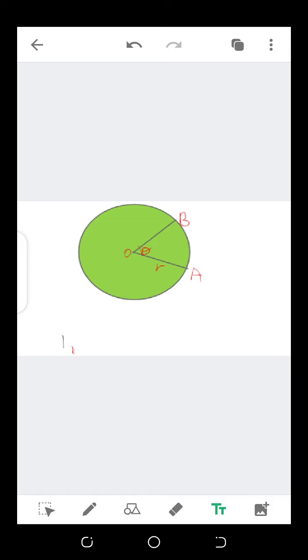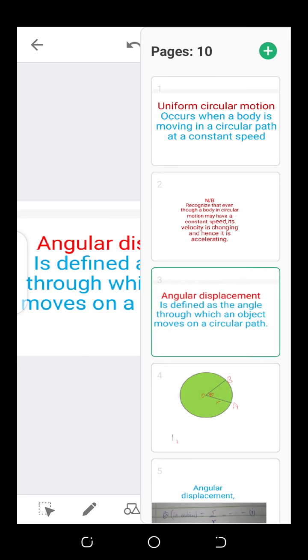If somebody looks at it from another angle, it is tracing an angle theta at the center. In other words, the arc length AB is subtending an angle theta, not at the circumference, but at the center. Let me repeat: the arc length AB is subtending an angle theta at the center. The angle subtended at the center, angle theta, is our displacement.